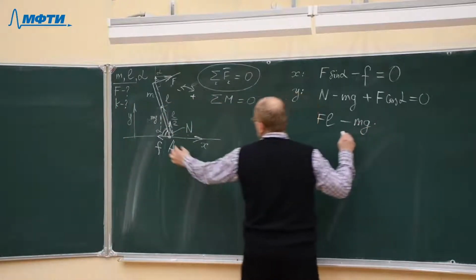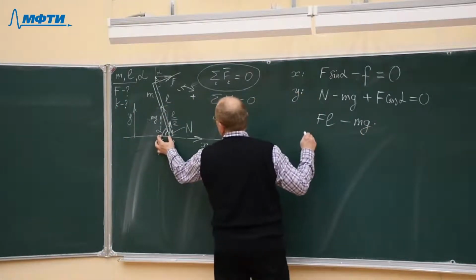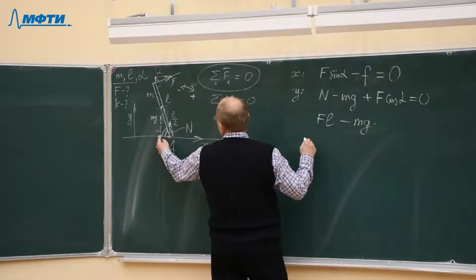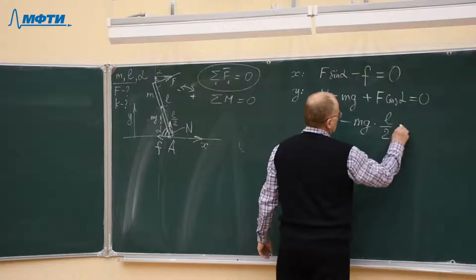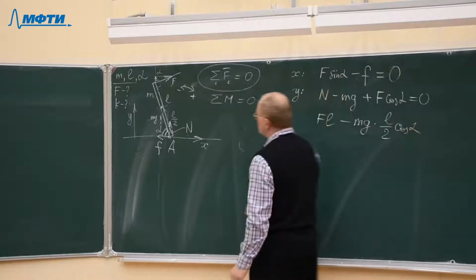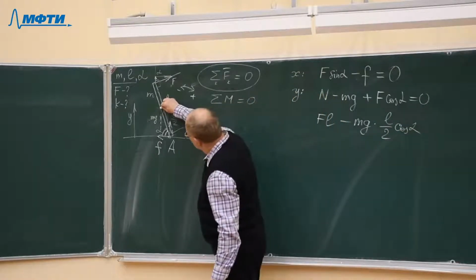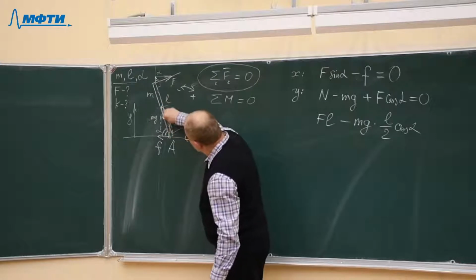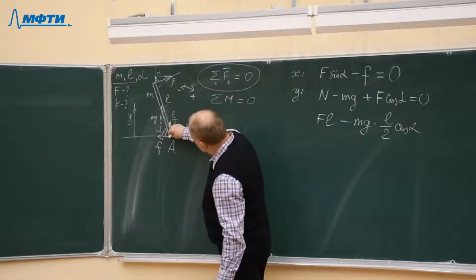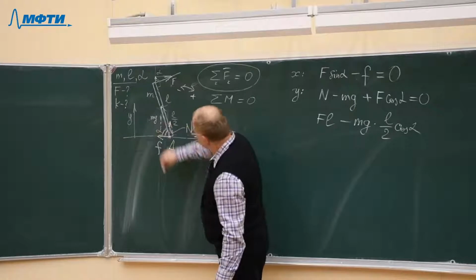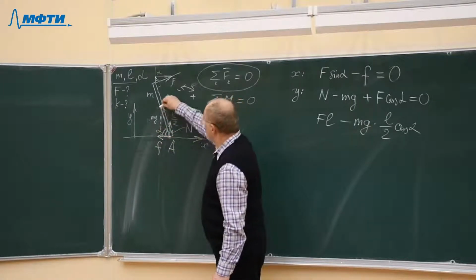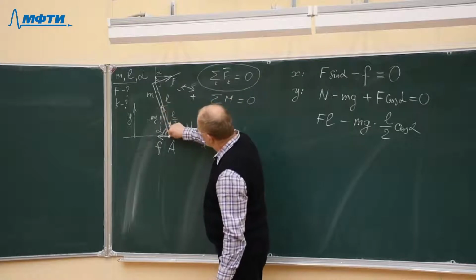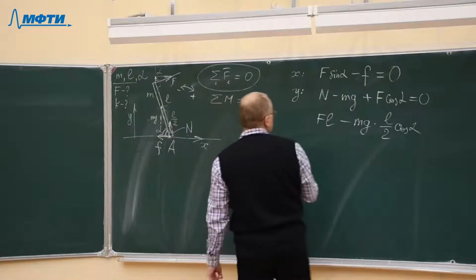I need to find the length of this section. That may be found from this right triangle. L over 2 is this side, and this is angle alpha. I need to find this distance. So the length of this section will be given as L over 2 times cosine alpha.